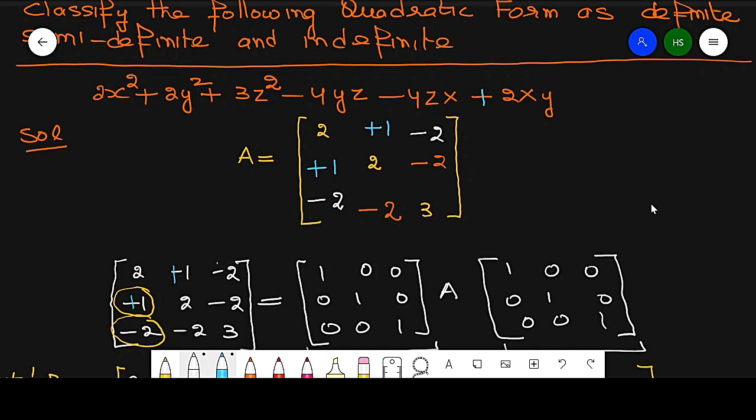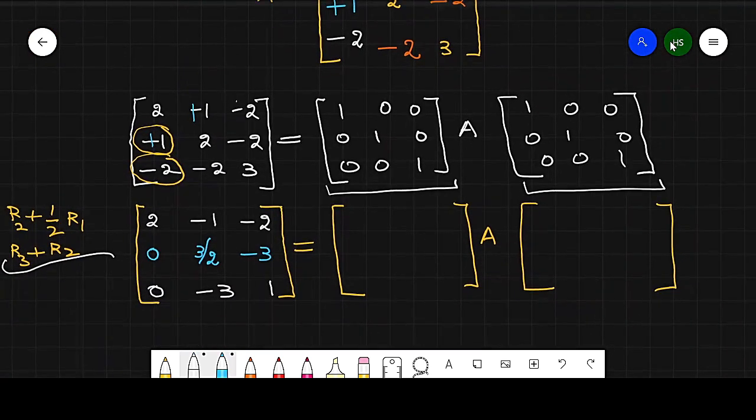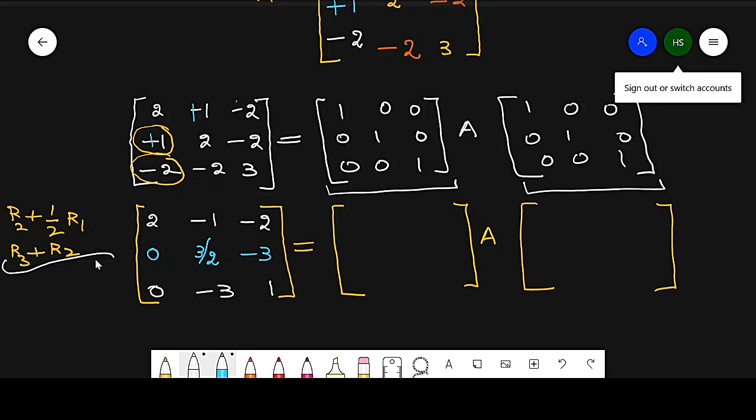If it is plus, there is some change in the operation. So R2 will become R2 minus 1 by 2 R1. So here I will apply R2 minus 1 by 2 R1. This will become 0, and this is 3 by 2.